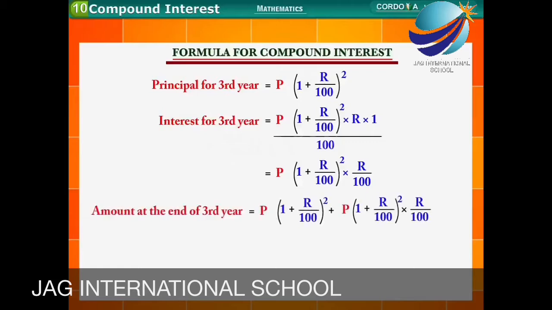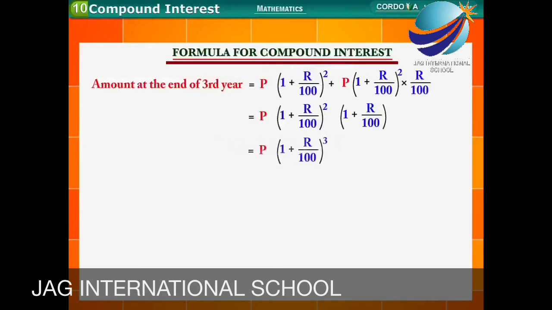Amount at the end of third year is equal to P into 1 plus R upon 100 square plus P into 1 plus R upon 100 square into R upon 100, which is equal to P into 1 plus R upon 100 square into 1 plus R upon 100, P into 1 plus R upon 100 cube.